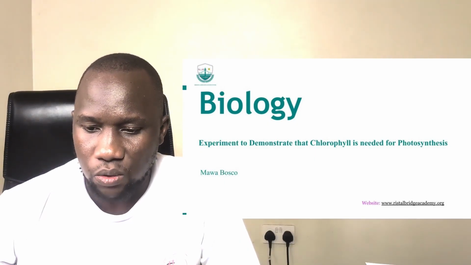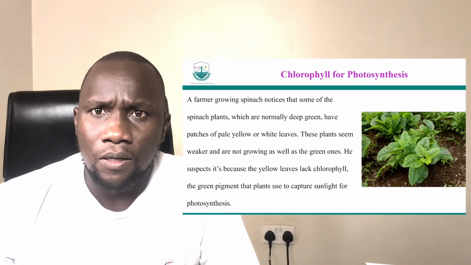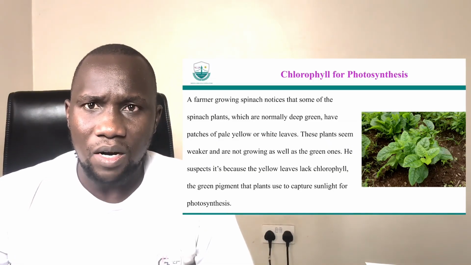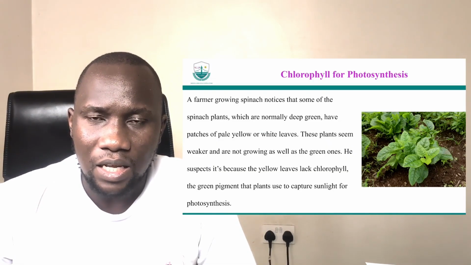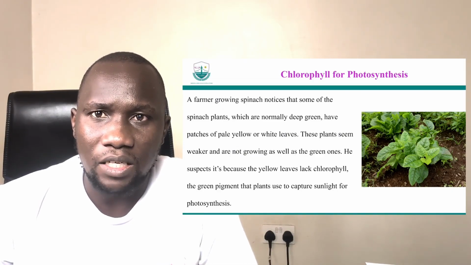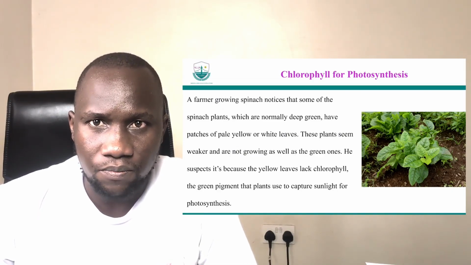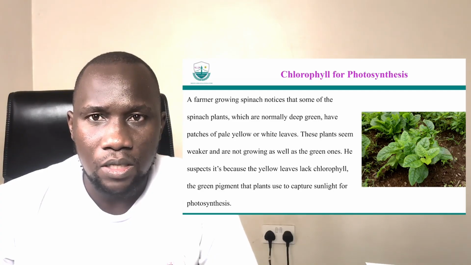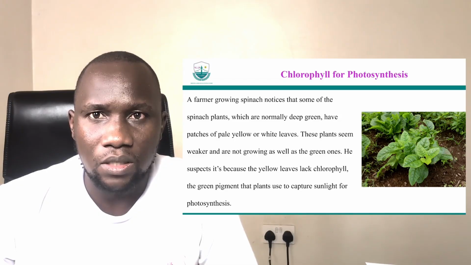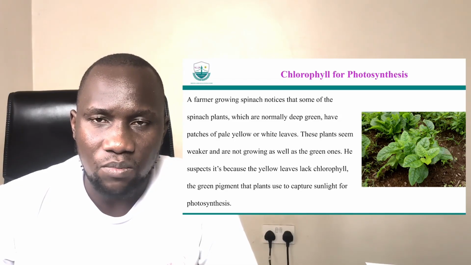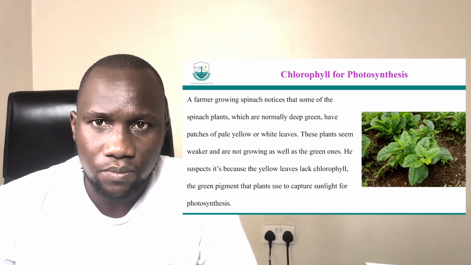But before we look into that, this experiment, what can it tell us? How can we apply it in real life? This is where we start with a scenario about a farmer who has been growing spinach.